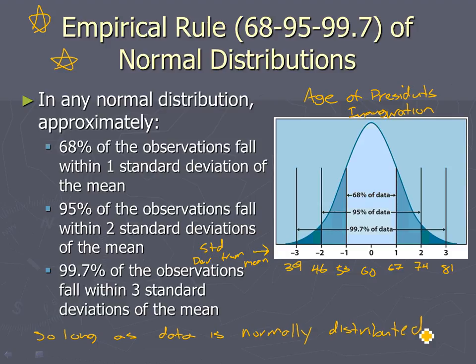Okay? For our example, our presidents' example, we would say 68% of the presidents were between 53 and 67 in terms of age when they were inaugurated. Here, we would say 95% of all of our presidents are going to be between 46 and 74.